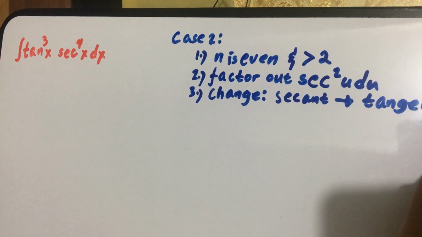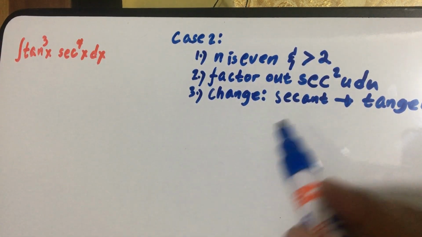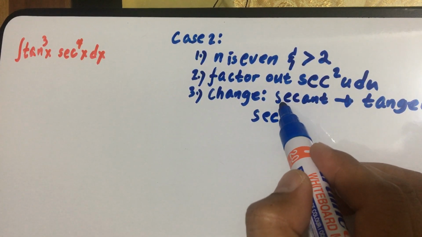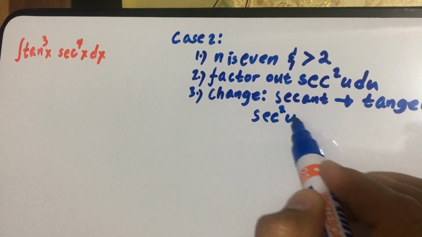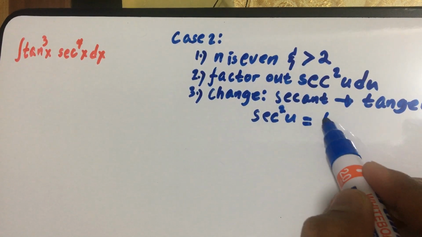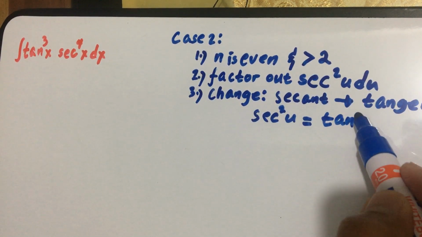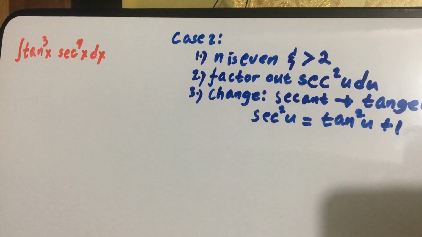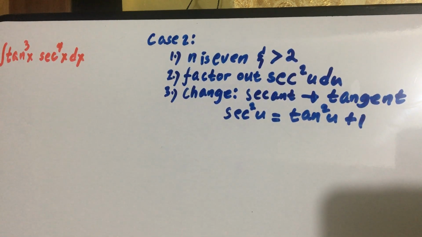To do that, we need to use the trigonometric identity secant squared u equals tangent squared u plus 1. So we have to make use of this identity.